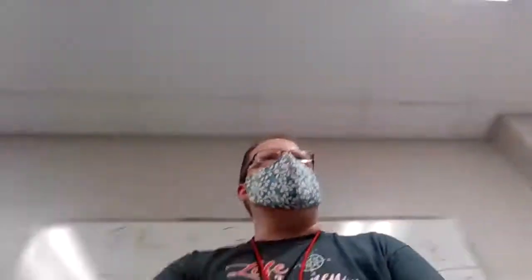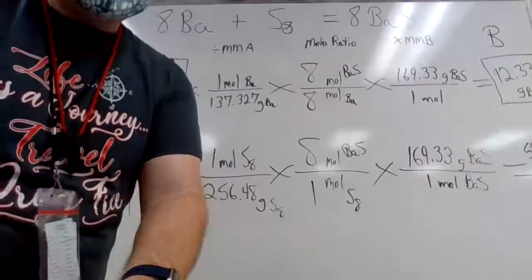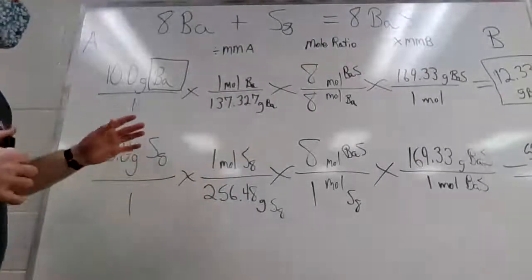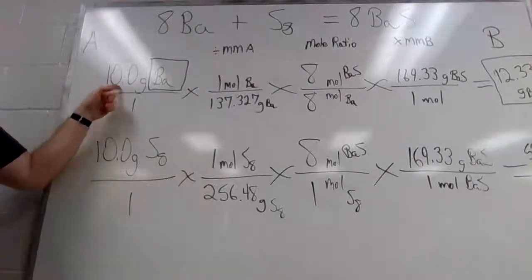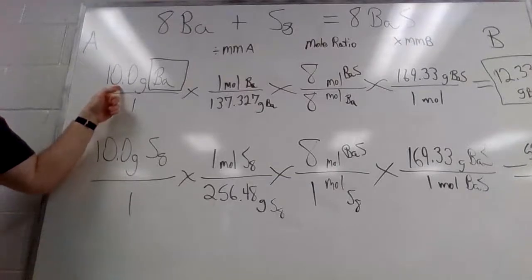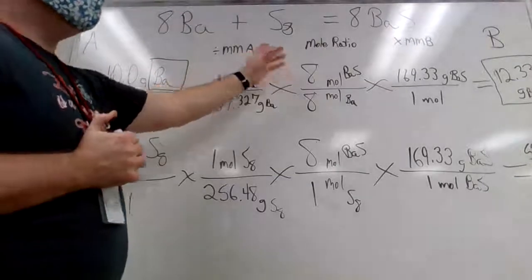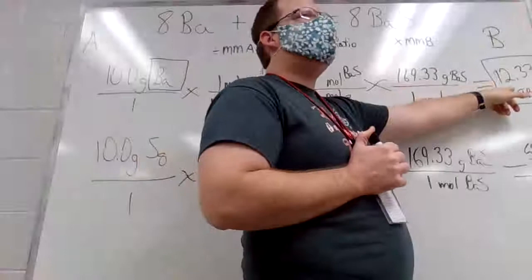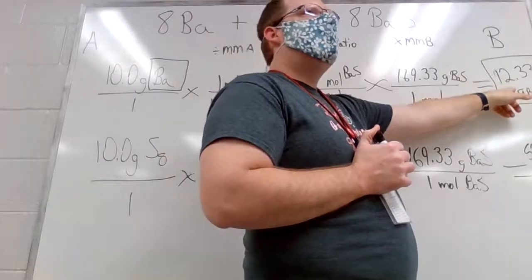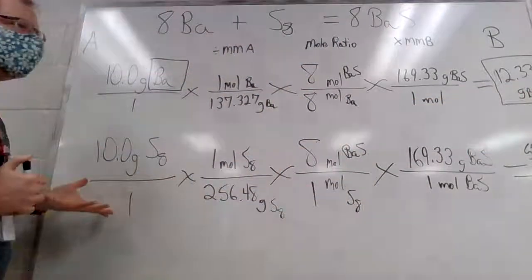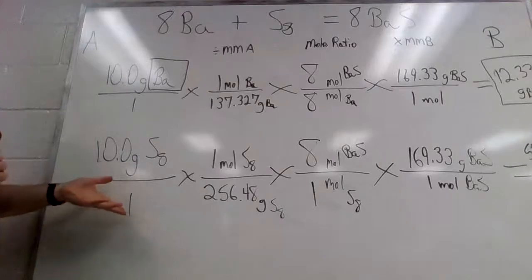Everybody look at this real quick, because this is actually kind of cool. It's real cool. What we have here, I have two different problems. So I said, if I have 10 grams of barium and I'm reacting with sulfur, how much barium sulfide do I make? I make 12.33 grams. This math equation down here wasn't actually used.